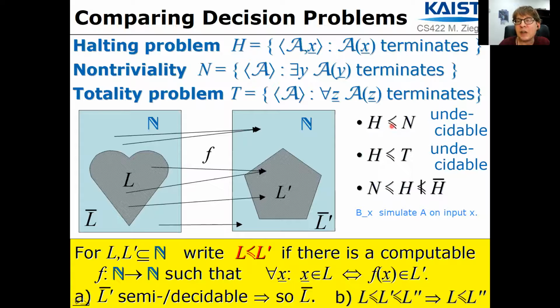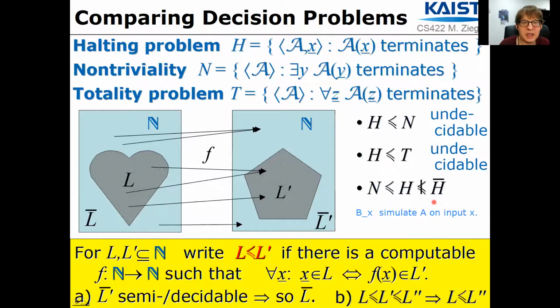Interestingly, H is reducible to N, H is reducible to T, N is reducible to A. H gave us a conclusion of impossibility. N is also undecidable. T is also undecidable. Here is a new negative kind of statement, an impossibility statement: H cannot be reduced to its own complement.